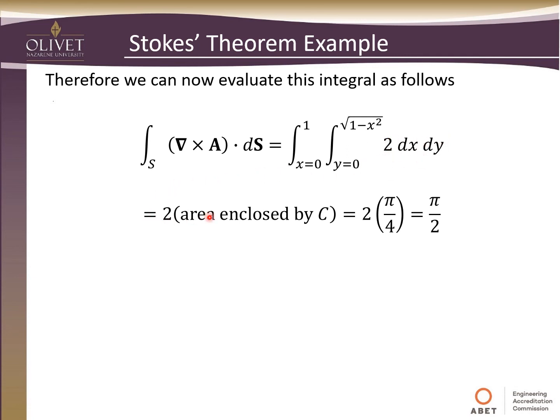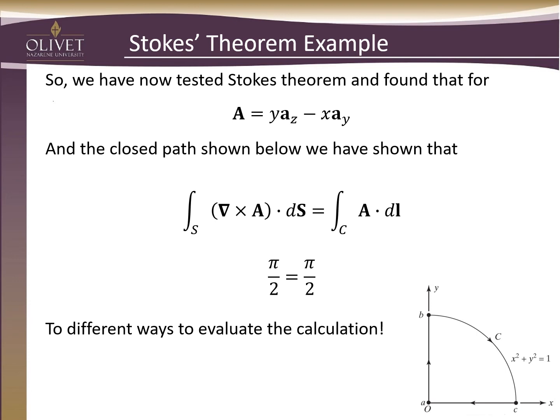When we do that, this should be just the area enclosed by C, right? Well, we should know that the area enclosed by C is just a fourth of a unit circle, which should give us pi over 4. Multiplied by 2, that gives us the final answer, pi over 2.